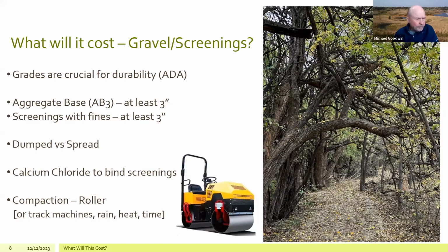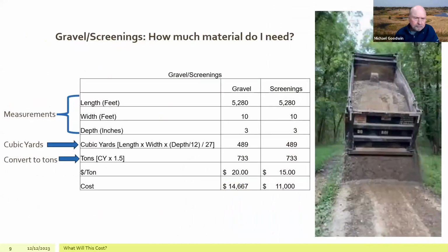But you can also do it with track machines. However, they spread the load out of the weight of the track machine quite a lot. So it's sometimes hard to get that to compact in initially. But with time, with rain and heat and a little time, that will settle in and will actually be pretty compacted in a short period of time.